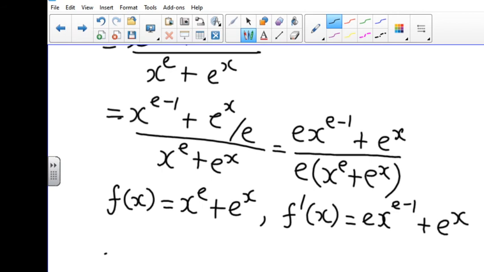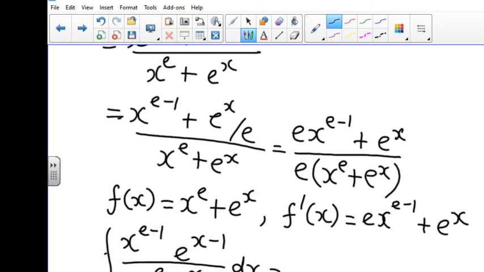So here we are going to apply the formula. Let us write down the question: x power e minus 1 into e power x minus 1 divided by x power e into e power x dx is equal to, using the formula, 1 by e into f dash of x divided by f of x.